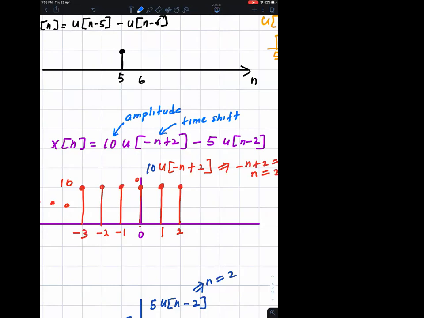If minus, then your signal will go to the left. If plus, then the signal will go to the right. The time shift is not the n, sorry. The time shift is this 2 here. And the n is just inverting. Minus means the signal will grow to the left direction. If plus n, it will go to the right direction. Any more questions?